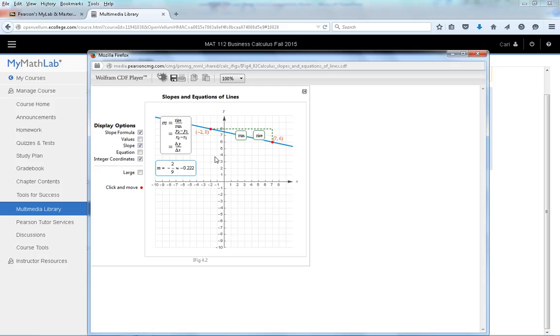So in this case, we have a negative 0.222 slope, approximated as a decimal, or -2/9. So we'll go with the fraction. What this means is every time x increases by 1 unit, then y is going to decrease, since it's negative, by 2/9, or as a decimal, about 0.222 units.